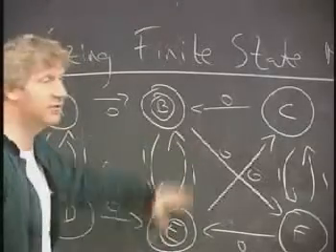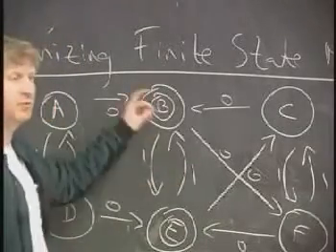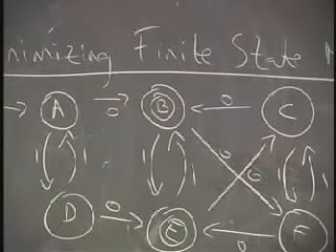You wouldn't want to merge those two, even though they're both final. So again, it's not where you end up, it's where you go from there. That's another good question.